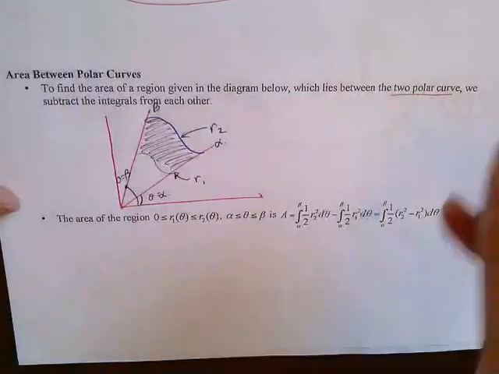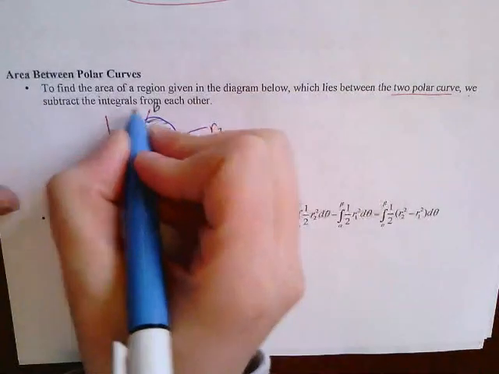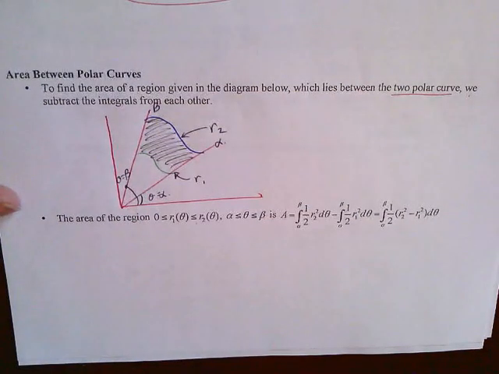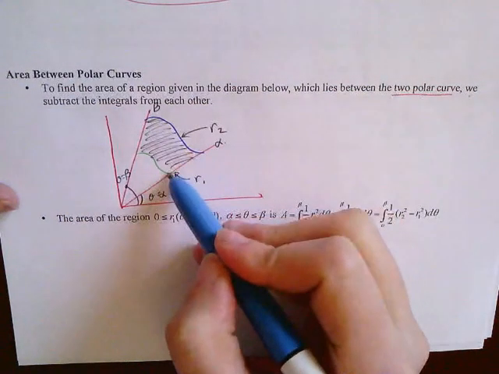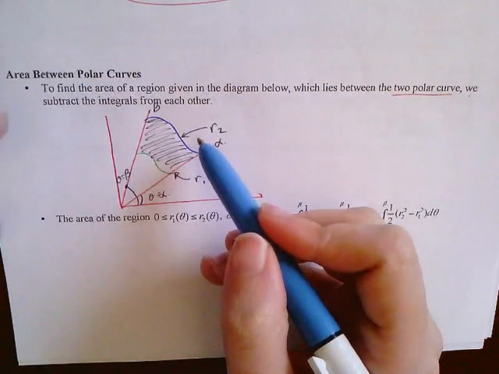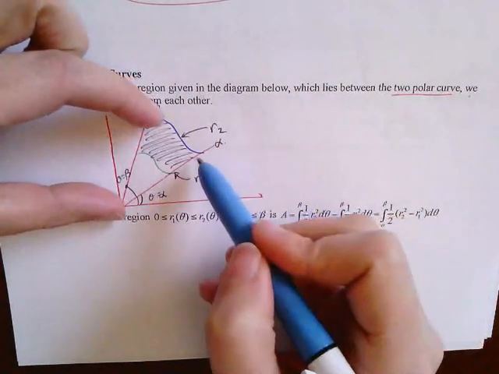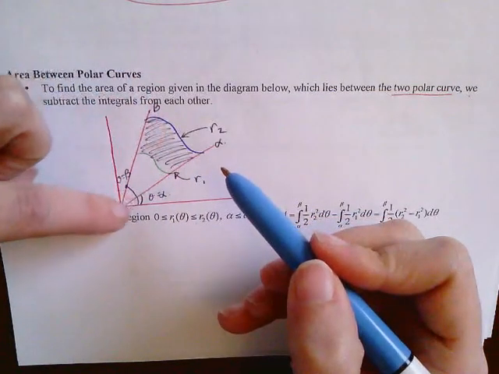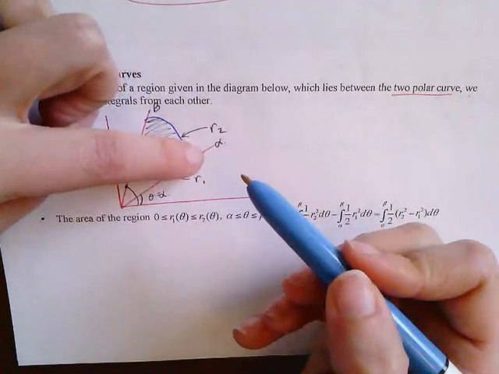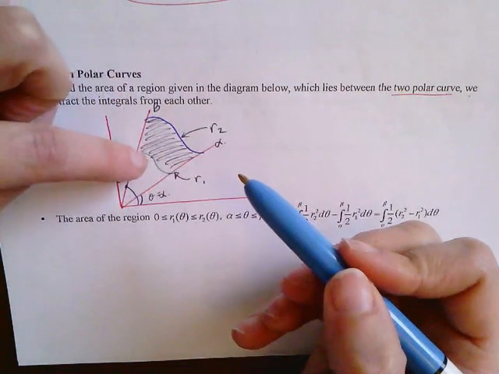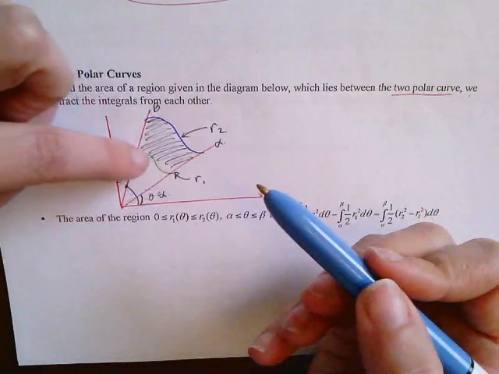All we do is we subtract the integrals from each other. So very similar to what we used to do before. Okay, so we're going to subtract the two integrals from each other to basically figure out the two parts.